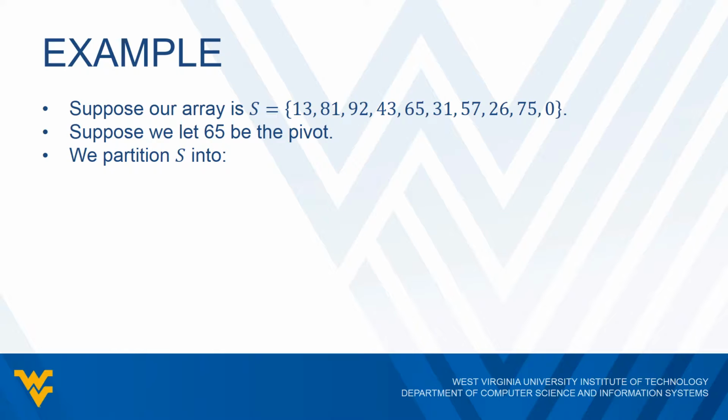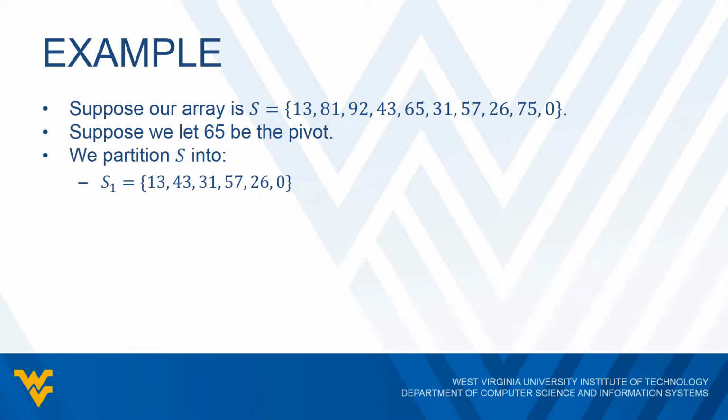So what we're going to do is we need to partition S into 2 sets, S1 and S2. S1 is going to contain all the elements that are less than or equal to 65, and S2 is going to contain all the elements that are greater than or equal to 65. Now we're dealing with the other elements, so the 65, the pivot itself, is not going to be in either one of these sets.